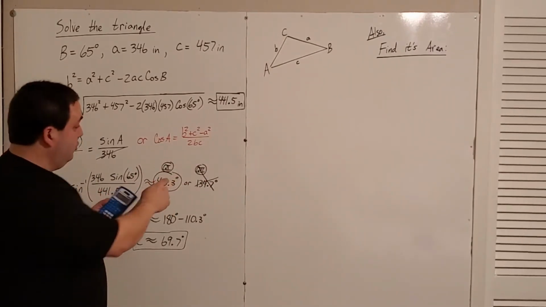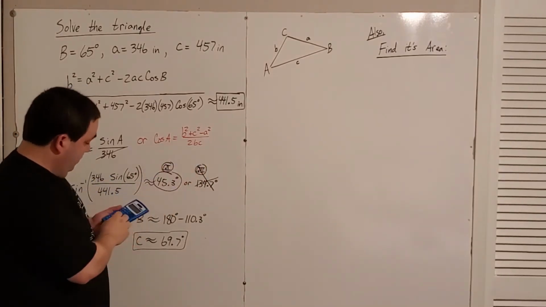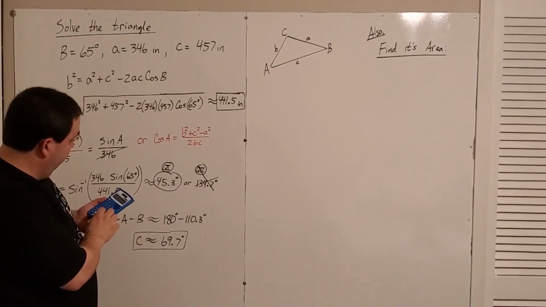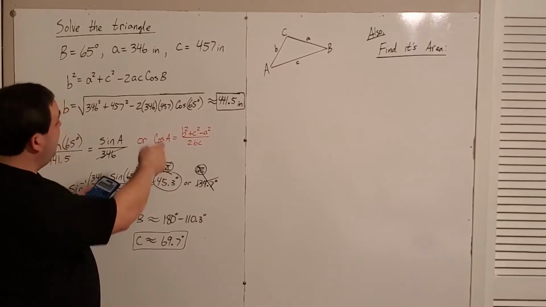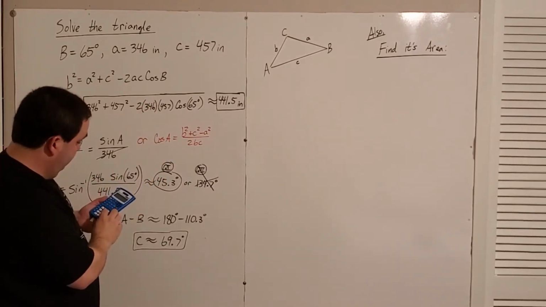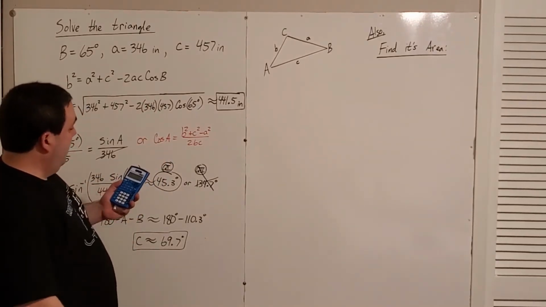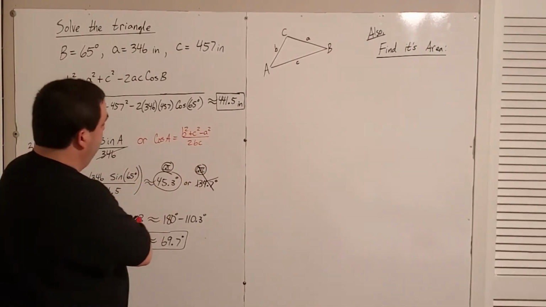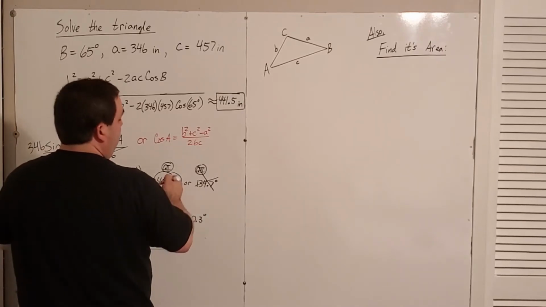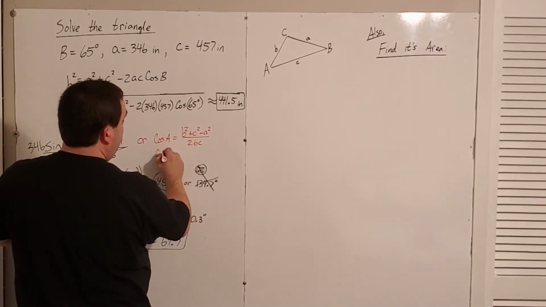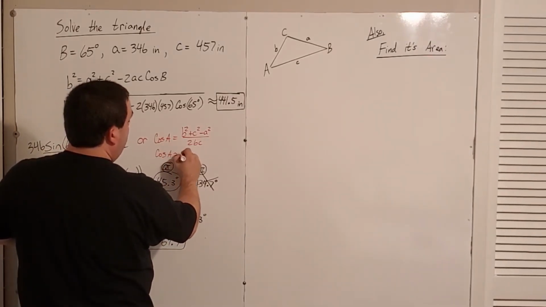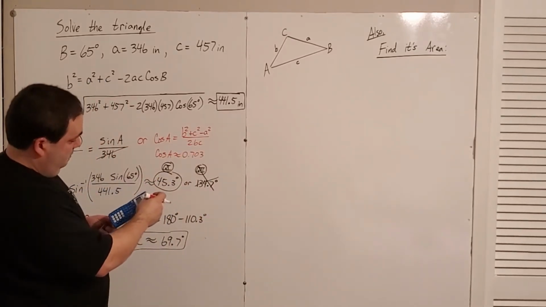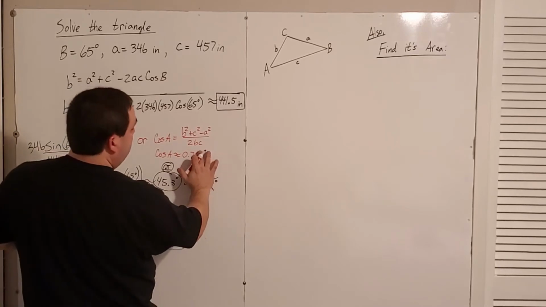So in your calculator, be sure you put parentheses around that. 2 times b, 441.5, times c, 457. Okay, so I've got 0.703 for this part right here. So cosine of A should be approximately 0.7034-ish.